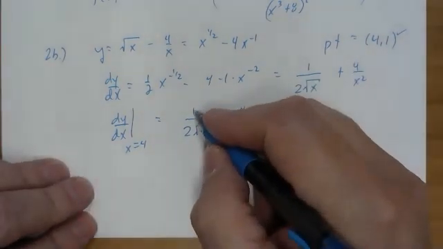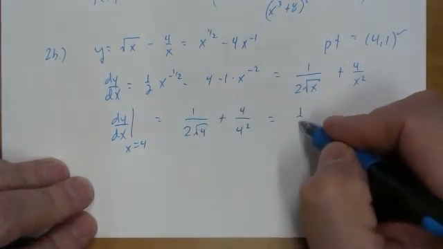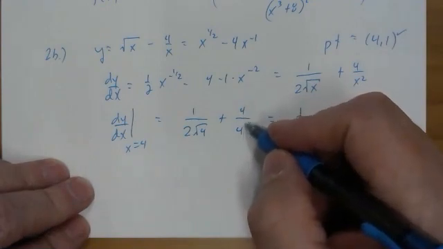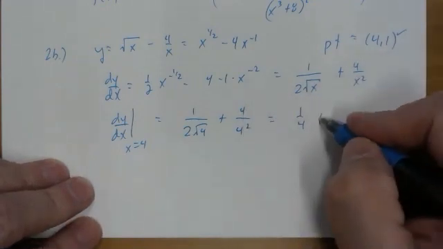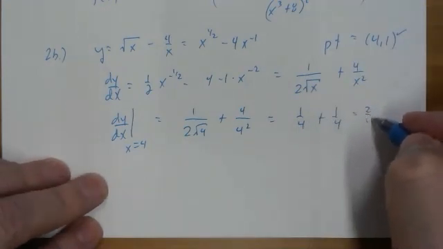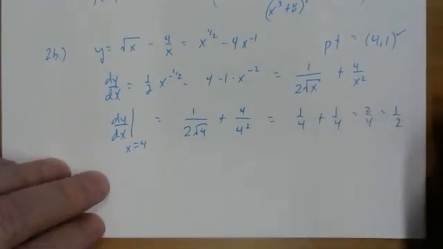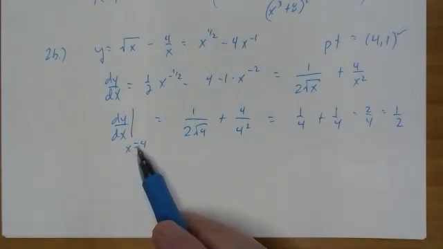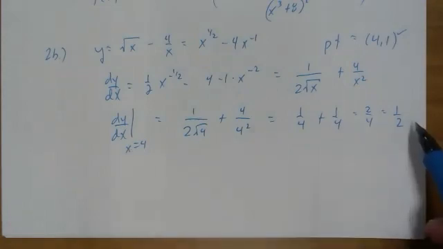Square root of 4 is 2. 1/2 times 2 is 1/4. 4 over 4 squared, 4/16. 1/4 plus 1/4 is 2/4, which reduces down to 1/2. So the slope of the tangent line at this point when x is 4 is 1/2.